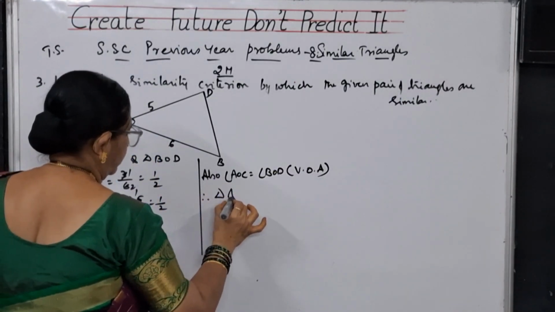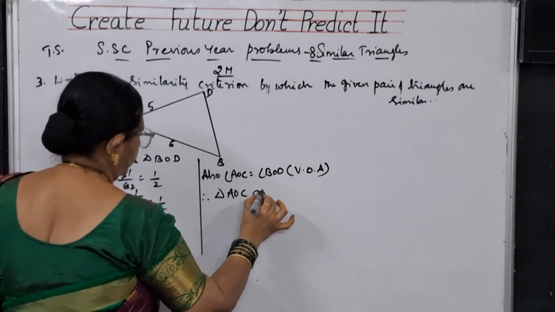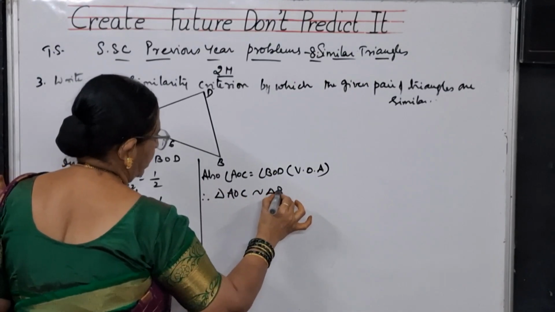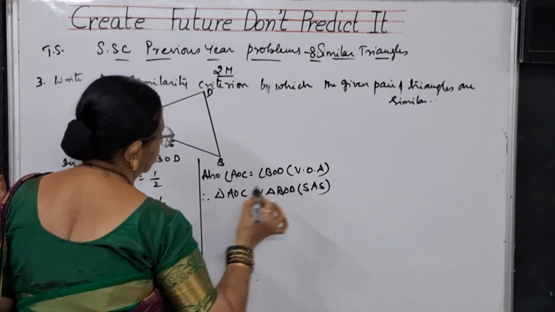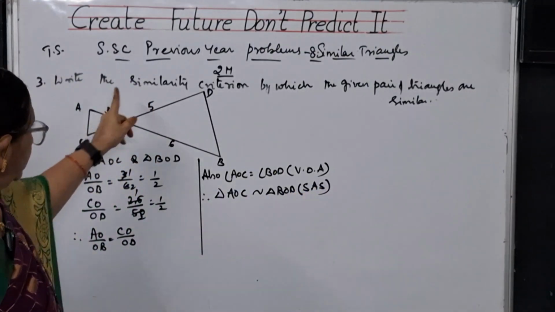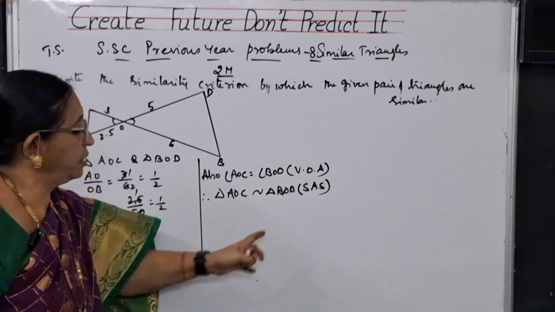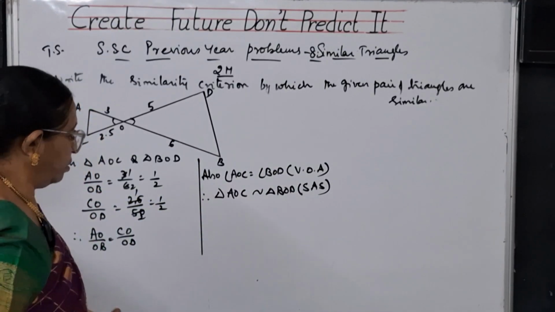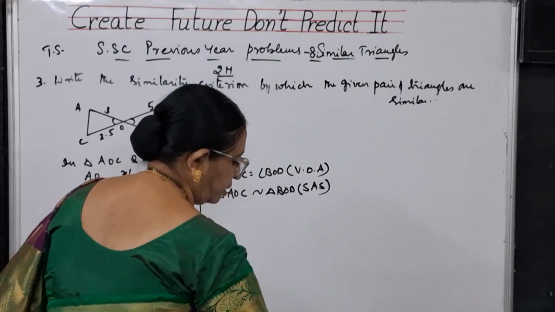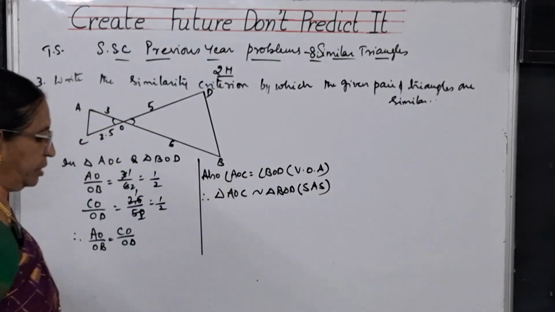Therefore, triangle AOC is similar to triangle BOD basing on side angle side property. They are asking the criteria. I hope I am clear, children. Please copy it.